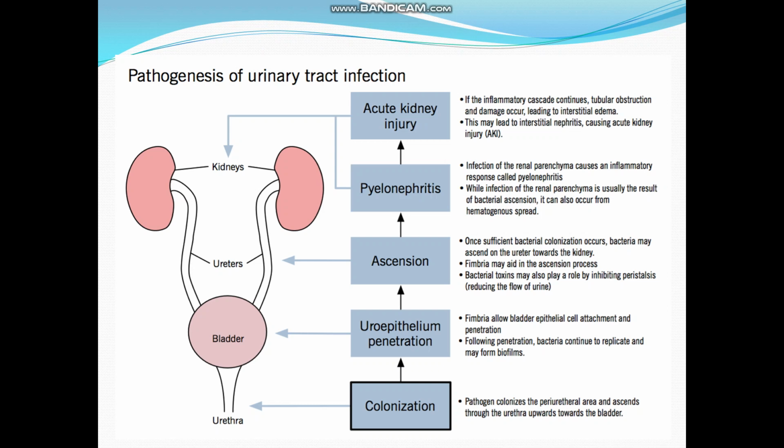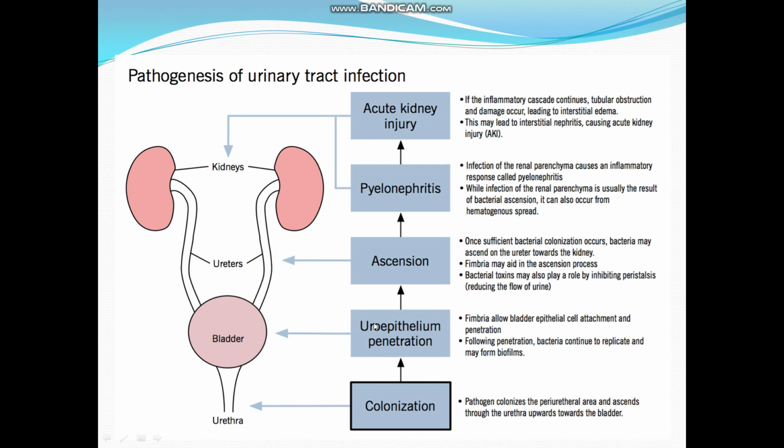The microorganisms enter the periurethral area and get colonized. After colonization, the pathogens are sent to the bladder through the urethra, where uroepithelial penetration occurs.